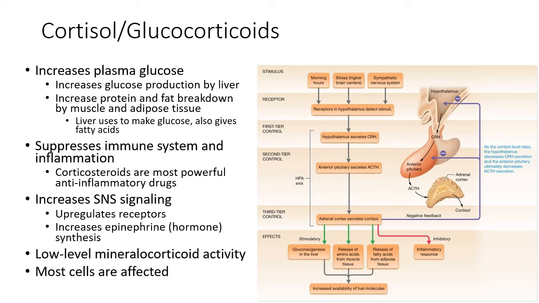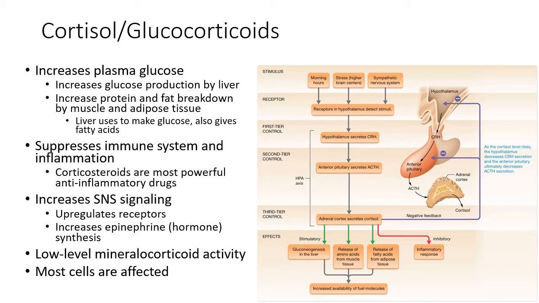Actually, if you're not able to make glucocorticoids or cortisol, if you get too stressed out, you'll actually die. I haven't yet been able to figure out how this happens, but this is definitely something that happens. When you get stressed out, you have a lot of vasodilation.